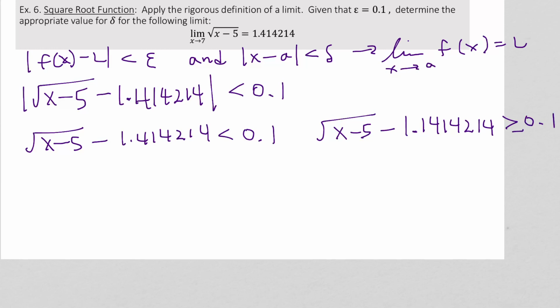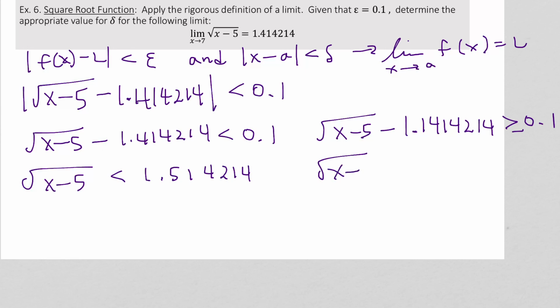Now we're going to solve these for x. If I add that number over to the other side, I get 1.514214. And on this one, I get 1.314214.